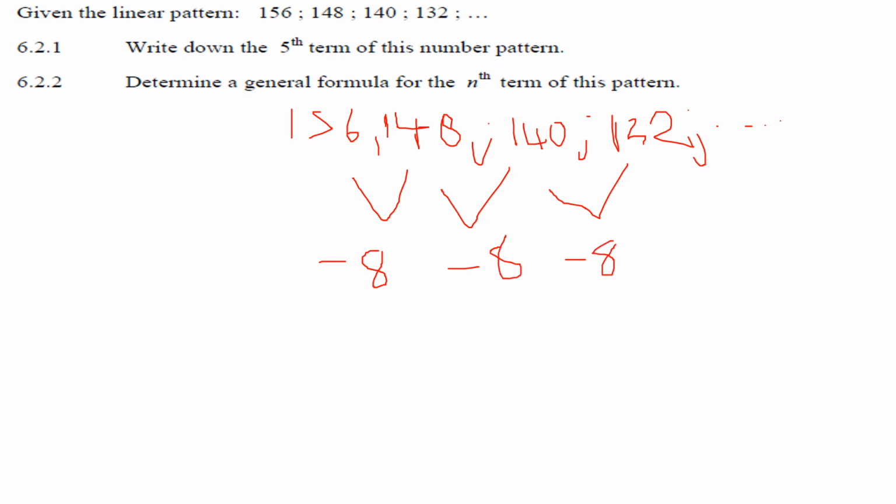That means we are subtracting 8 from a previous term to get to the next term. The question asks to write down the fifth term. Because this is the fourth term, you just subtract 8 from the fourth term and you get the fifth term. Therefore 132 subtract 8 gives us 124.